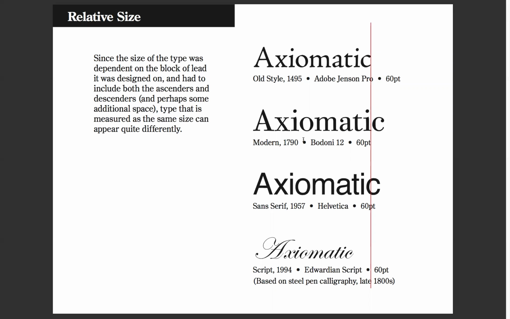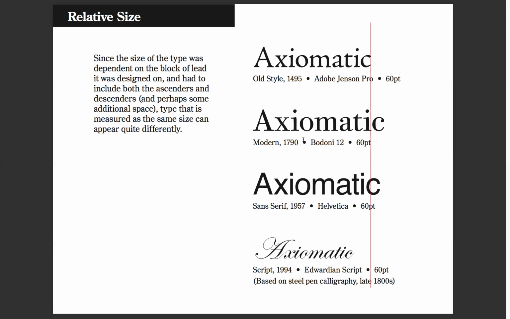So if you're working on a design and you decide to change your typeface, there are probably all kinds of other adjustments you may need to make, because type is not sized consistently. 60-point does not mean it's a specific size.